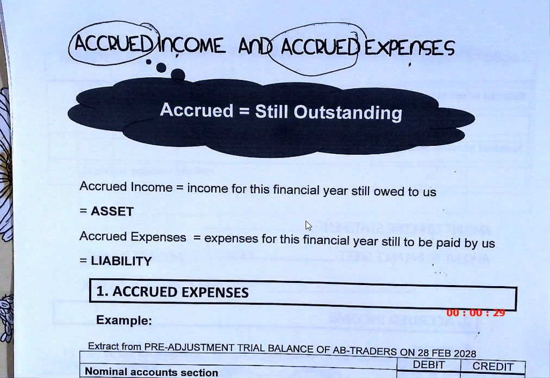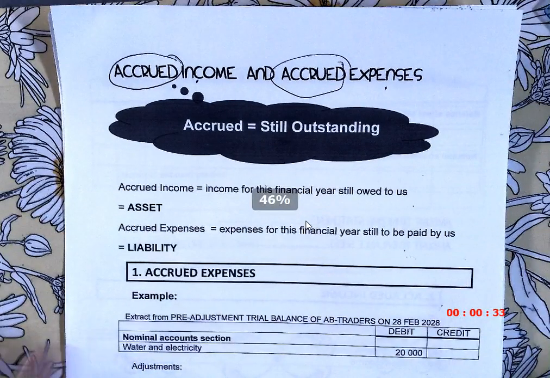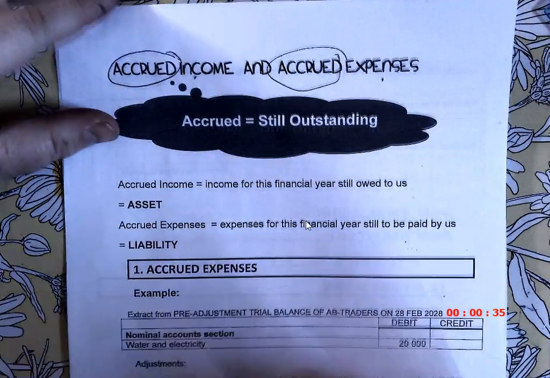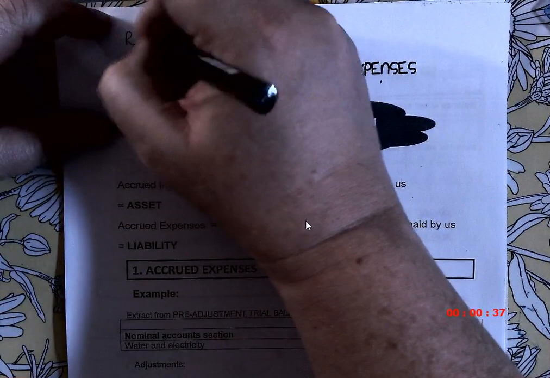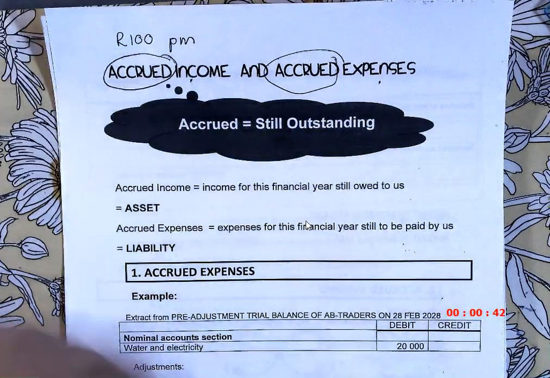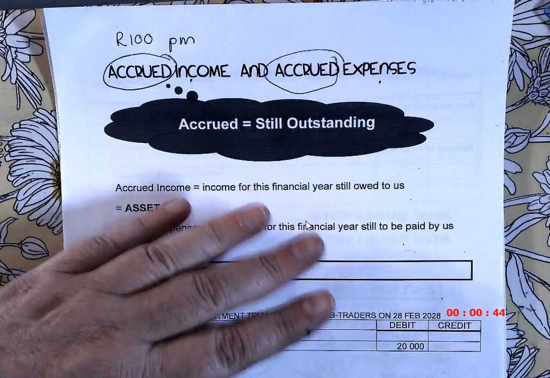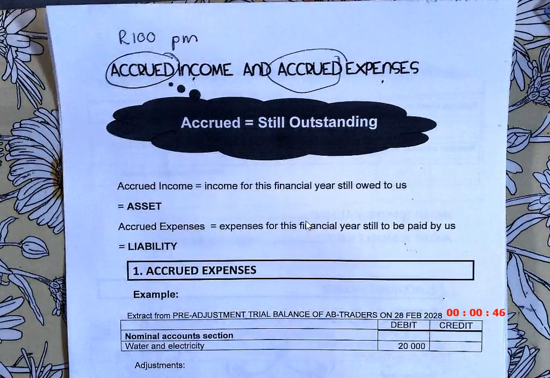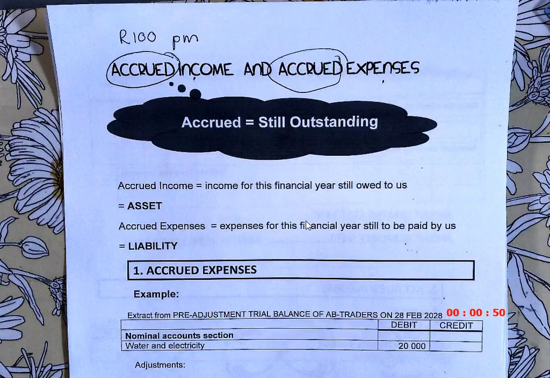So let's say, for instance, I give you extra classes and I ask you 100 Rand per month, right? And by the end of the year, how much are you supposed to have paid me? 1,200, right?